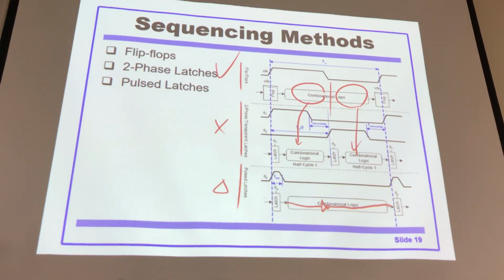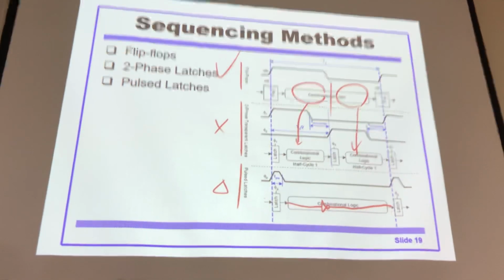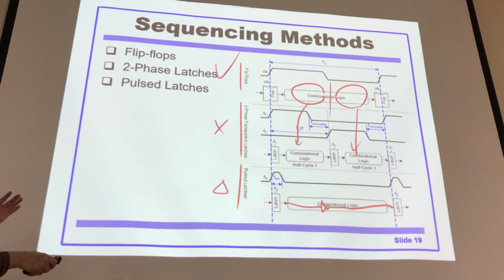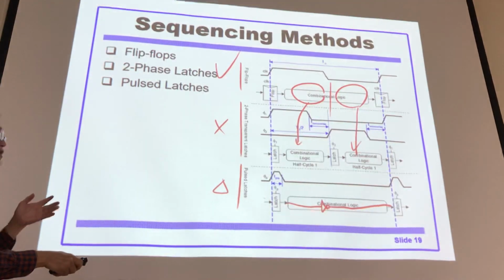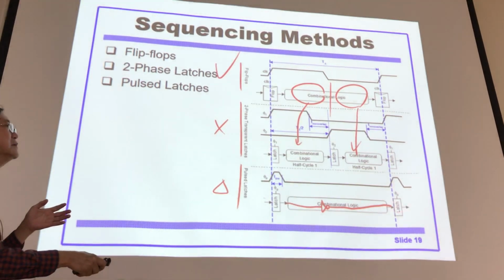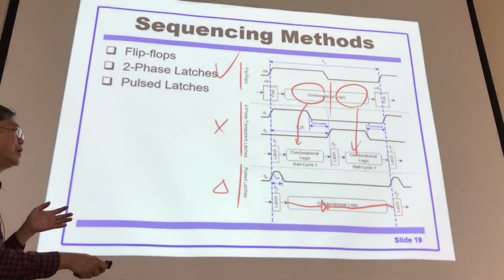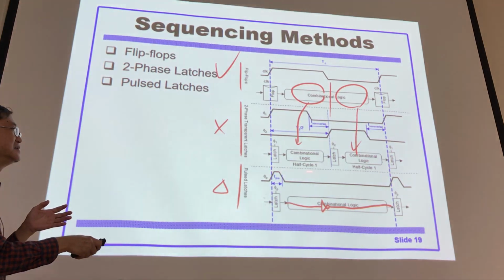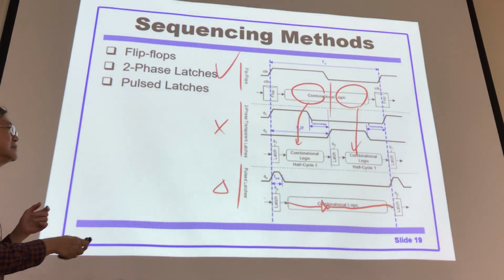We mentioned that before, right? You could have a hold time failure because the signal goes through quickly and then updates the value here, and that will affect this latch when we are still in the same clock period.